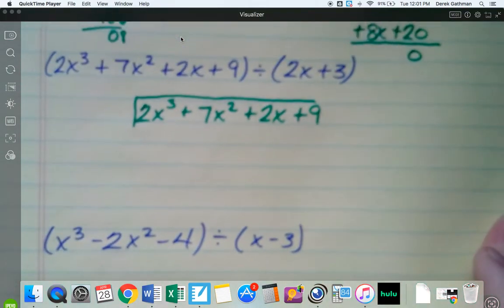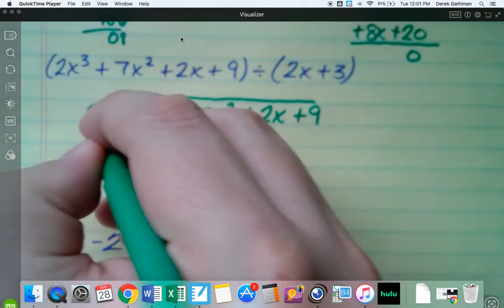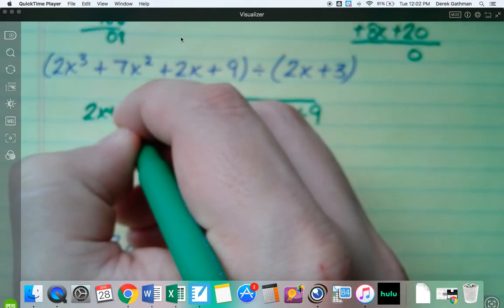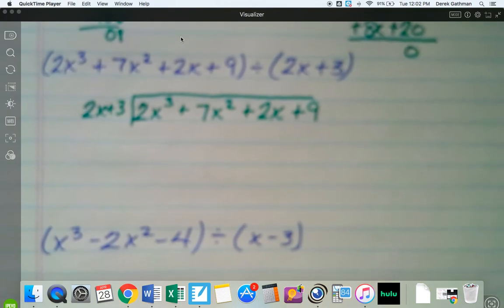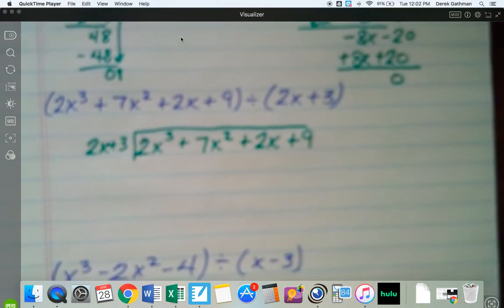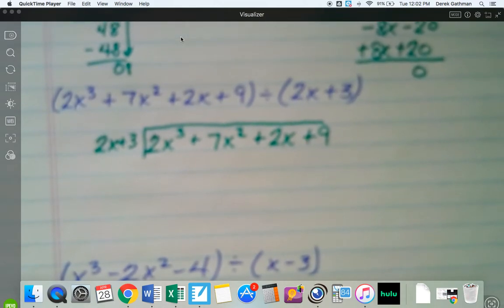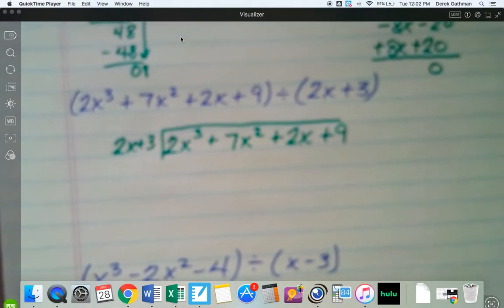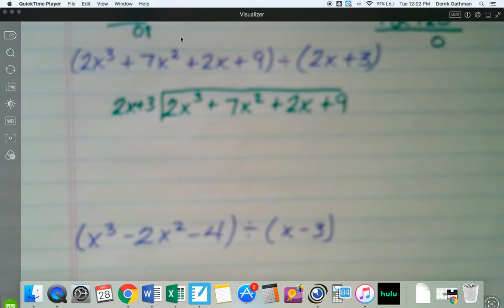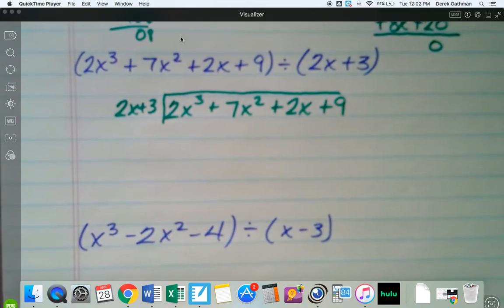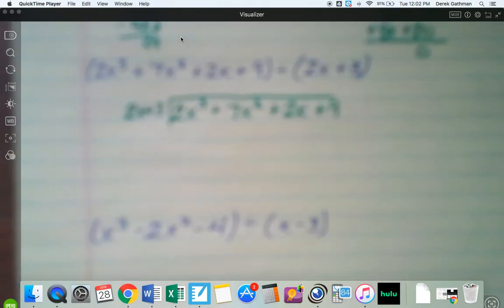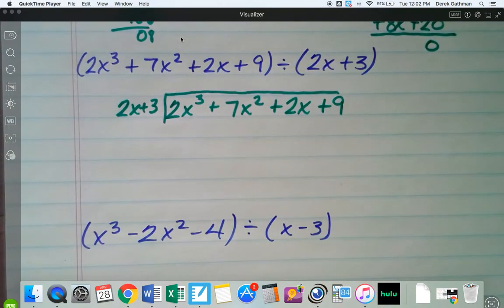And put my divisor out on the outside. This one is 2x plus 3. Good.